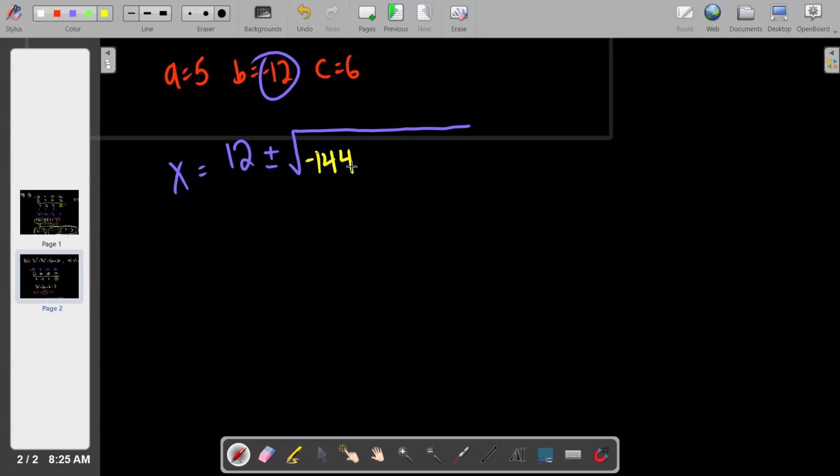Because if you type this into your calculator, what will it say? Nope. If you have a calculator, grab it, type it in. Watch. It will say negative 144.